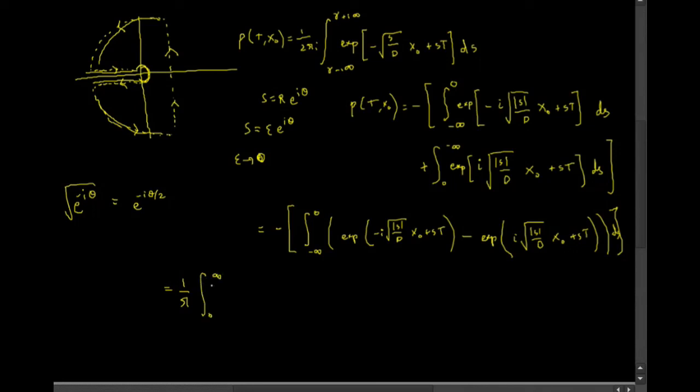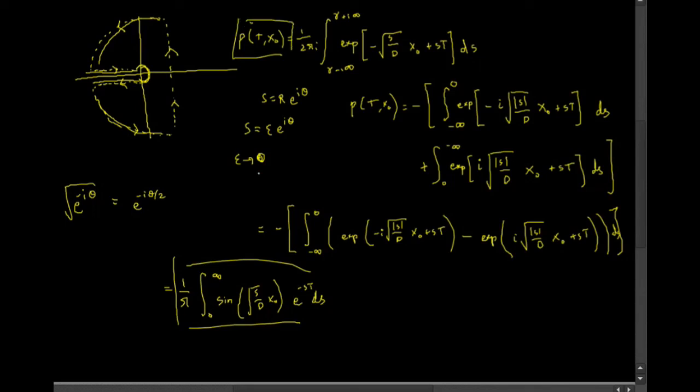So I've again made a substitution of u equals minus s, but I'll just call it s, and I get sine of square root s over d x naught, e to the minus st ds. So this is exactly what P of t comma x naught is. And so we need to evaluate this integral.